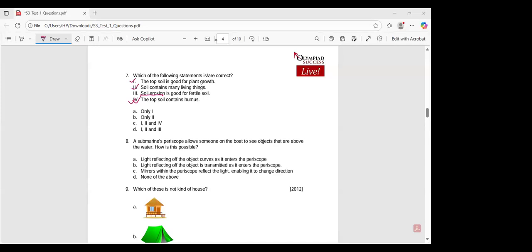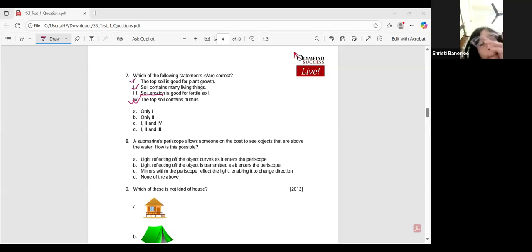See, soil erosion is a phenomenon where the top layer of the soil gets degraded or wiped off due to certain reasons, like running water, uprootment of plants, or deforestation. All these activities gradually result in soil erosion, which is not at all good for the plants or the fertility of the soil.